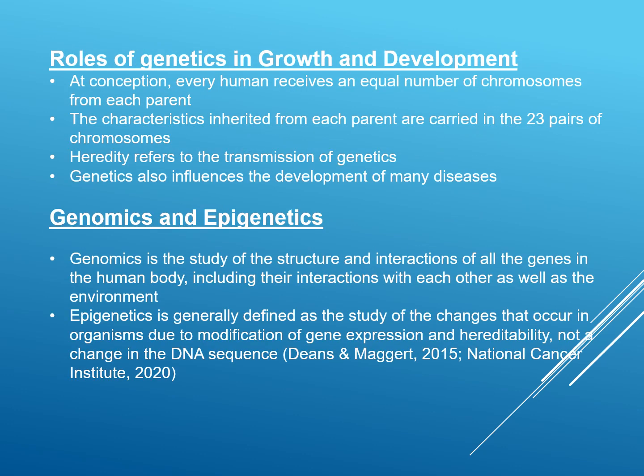The role of genetics in growth and development: at conception, everyone has 23 pairs of chromosomes that they receive from their parents. This is your genetic makeup. This is what makes you uniquely you.